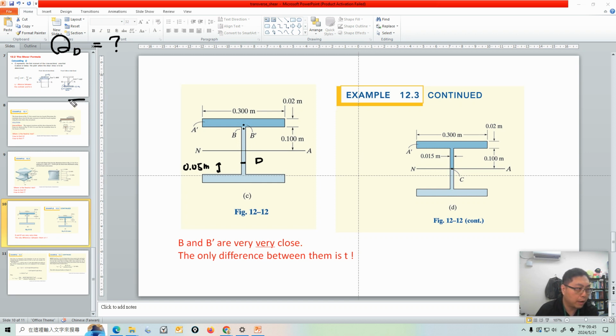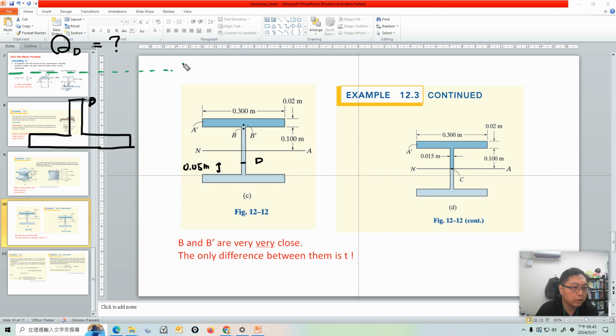Below D we will have the T shape, actually a reverse T shape. The point of interest is D here, and above is the neutral axis. Don't forget the neutral axis is here.